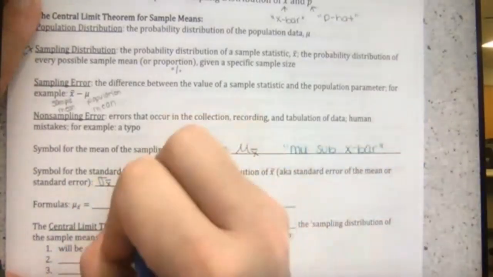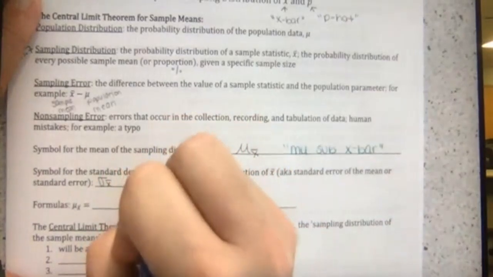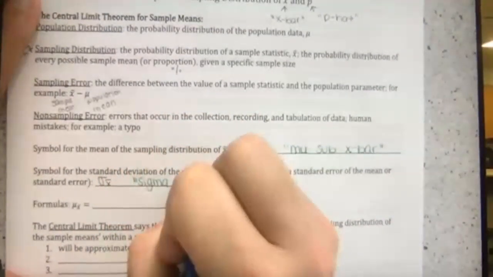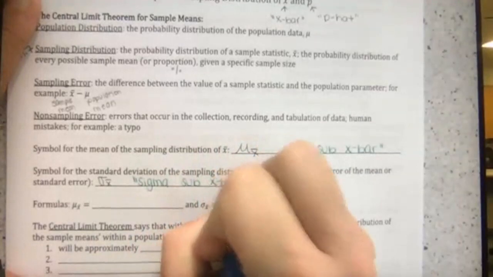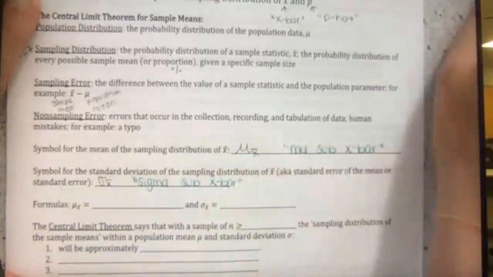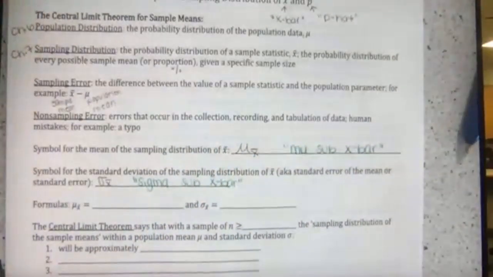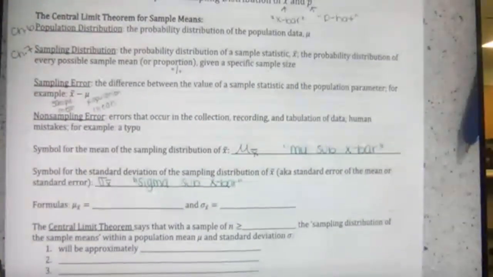So this time it's going to be sigma sub X bar. The standard deviation of the sampling distribution of X bar, also known as the standard error of the mean or just the standard error in general.